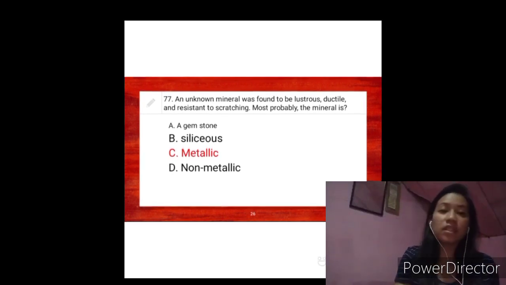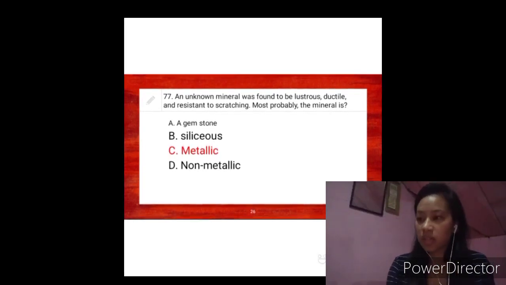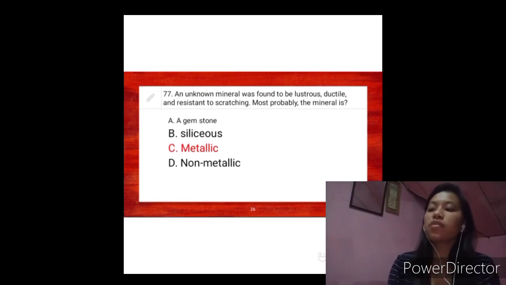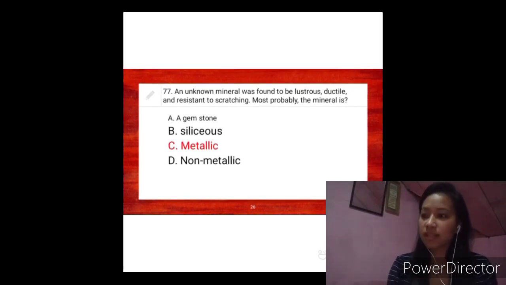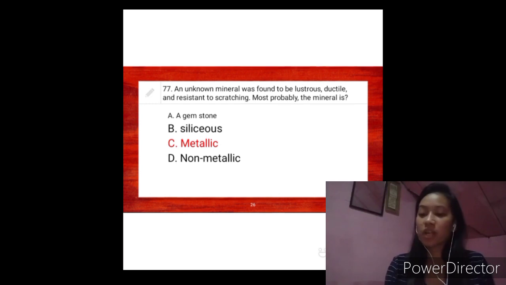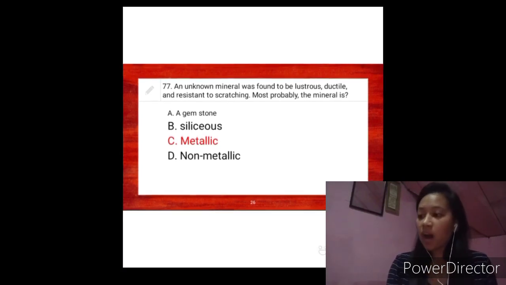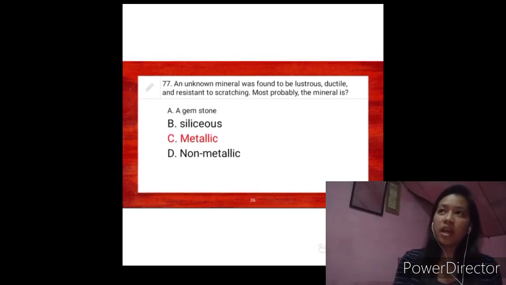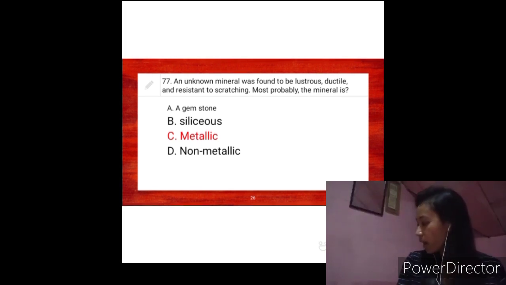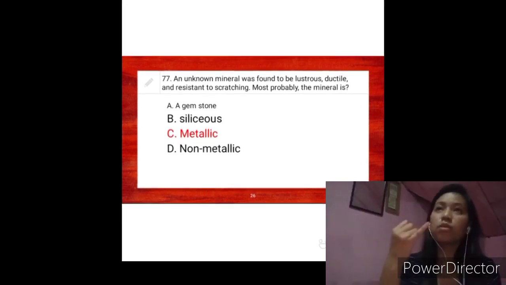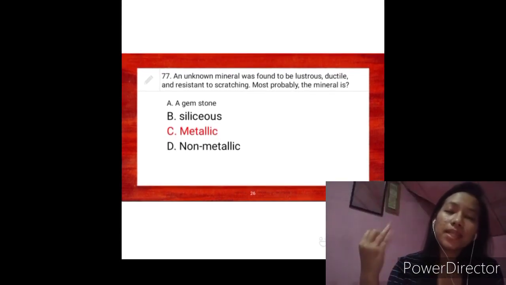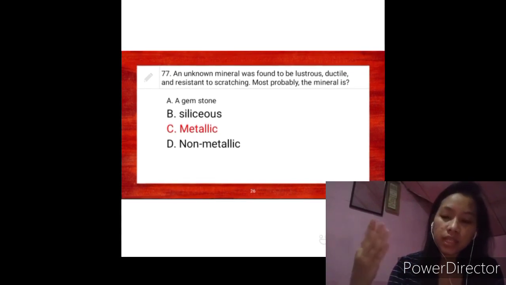So, in number 77, the question is: an unknown mineral was found to be lustrous, ductile, and resistant to scratching. Most probably, the mineral is, and the choices are gemstone, siliceous, metallic, and non-metallic.